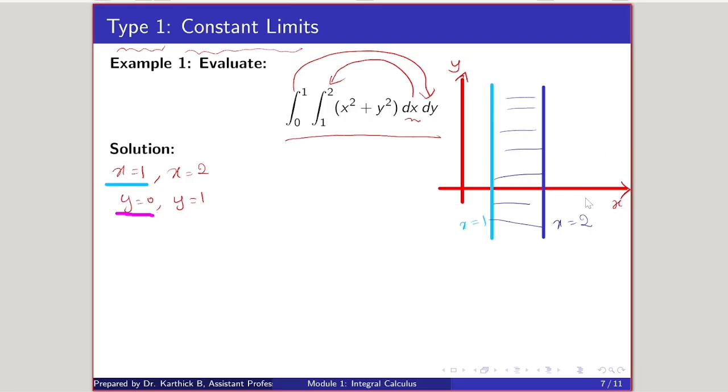So y equal to 0. This will be the same line, no? y equal to 0 will be the x-axis. And I take y equal to 1 here.